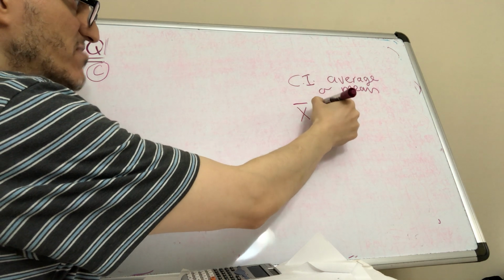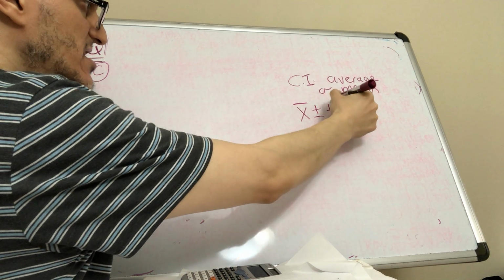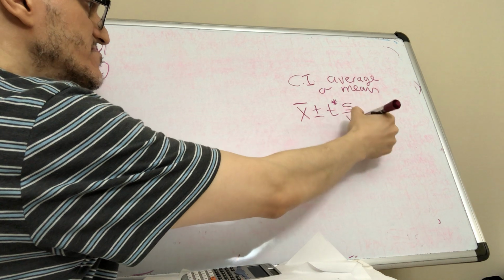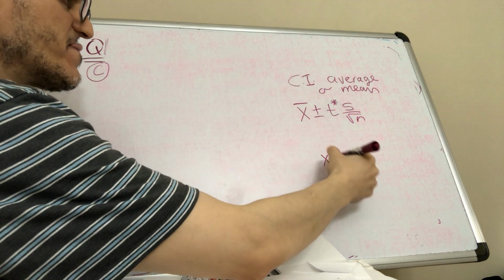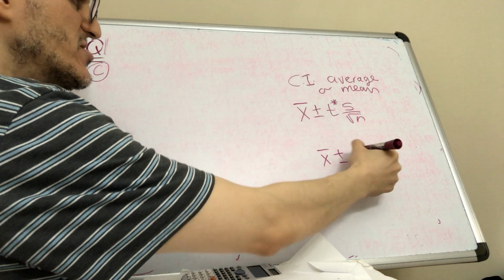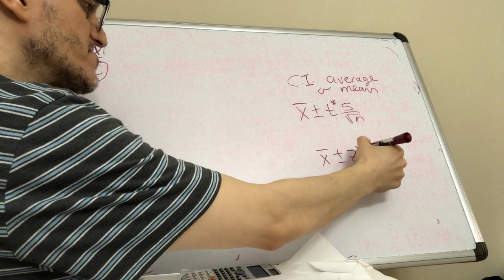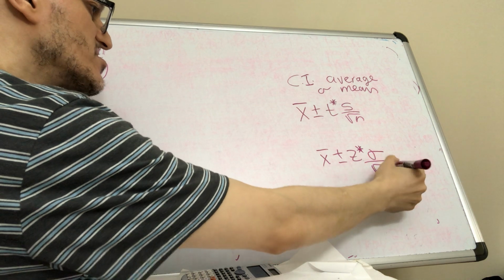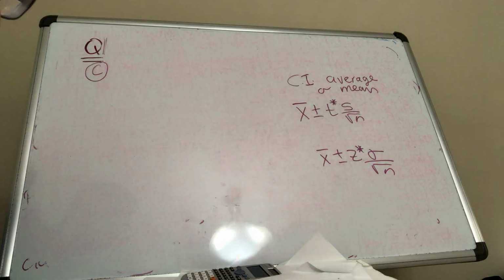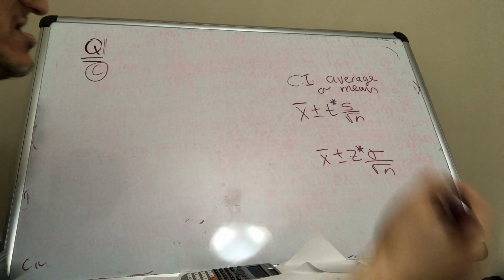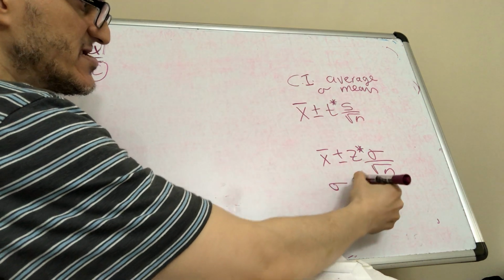Either X bar plus or minus T star S over square root of N, or you can do Z star sigma over square root of N. You do this one if sigma is known.